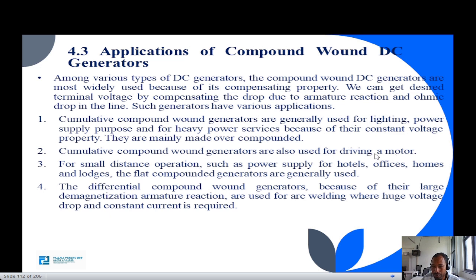For small distance operations such as power supply for hotels, offices, homes, and lodges, flat compounded generators are generally used. And the differential compound wound generators, because of their large demagnetizing armature reaction, are used for arc welding, when a huge voltage drop and constant currents are required. So the differential ones can be used for arc welding.